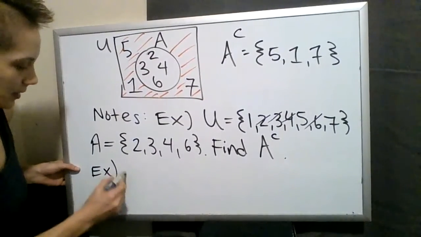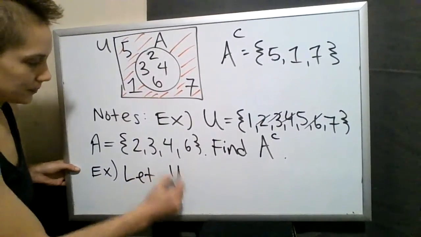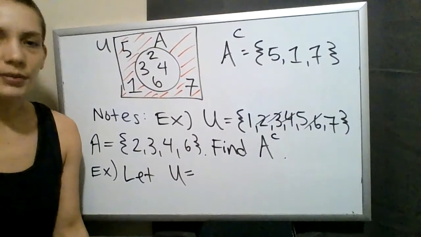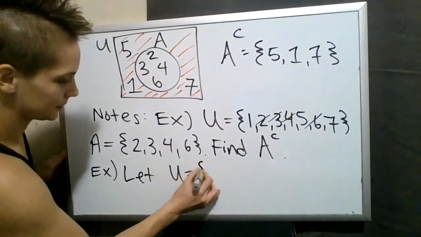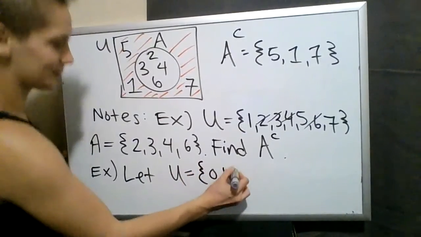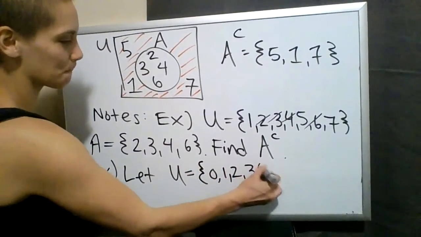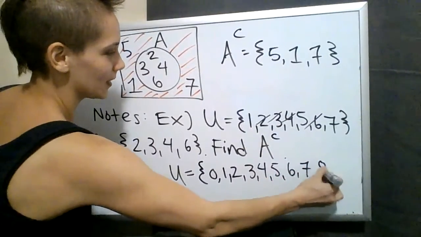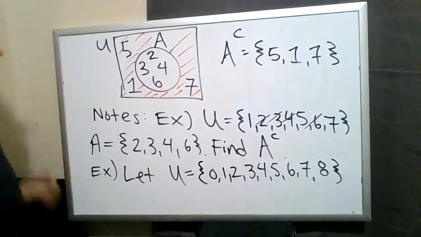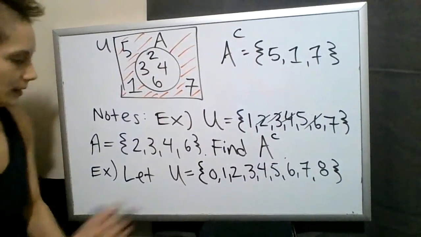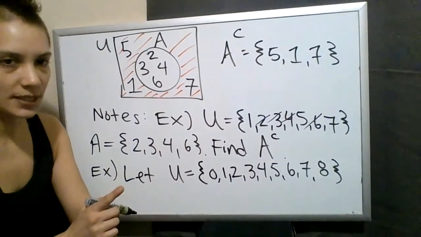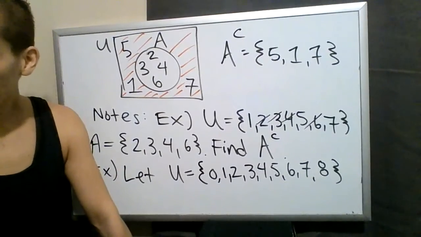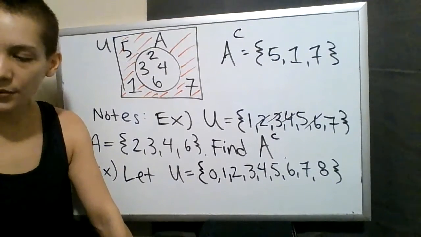Another example with universe containing 0 through 8. We have 2 subsets, A and B. Subset A contains 0, 1, 2, 3, 4, 5.